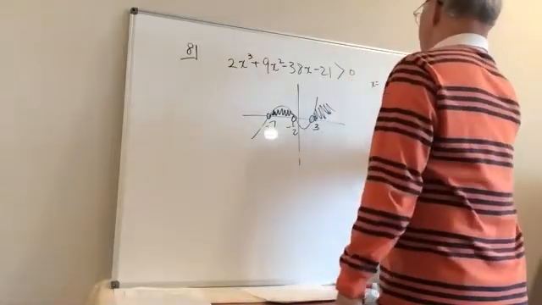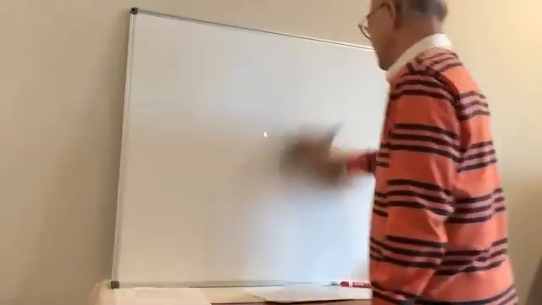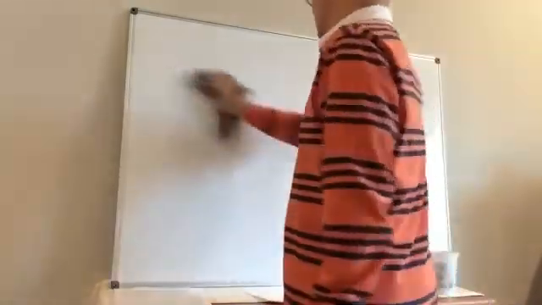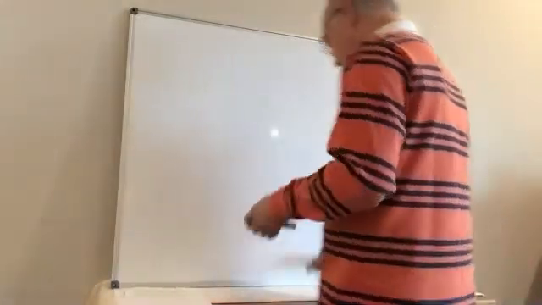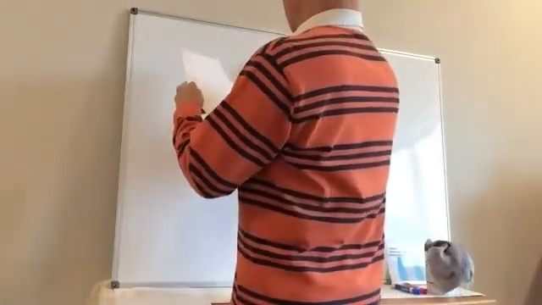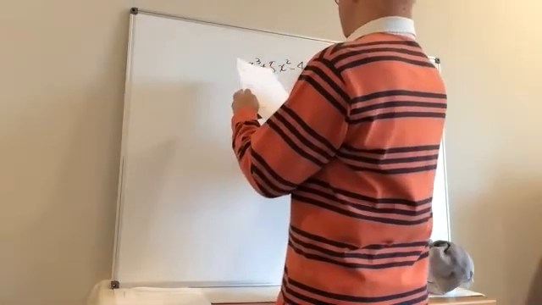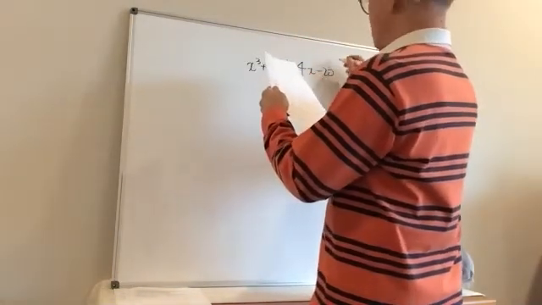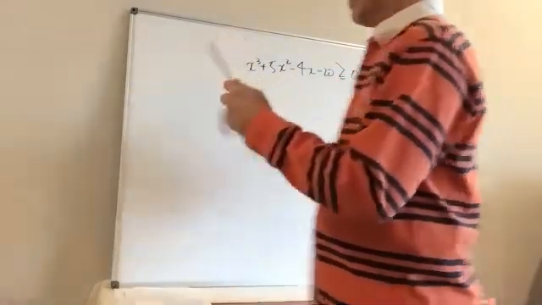Okay, that was that. And last but not least, let's do number 9. Number 9, I get x cubed plus 5x squared minus 4x minus 20 greater than or equal to 0.